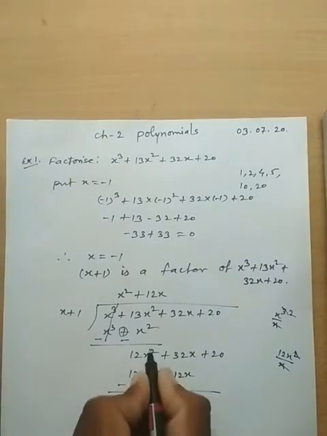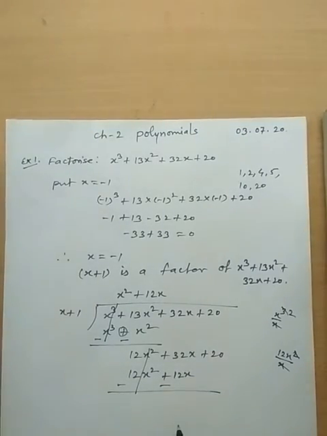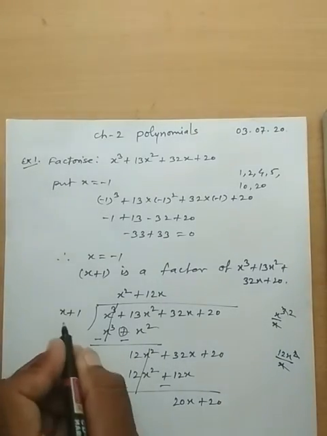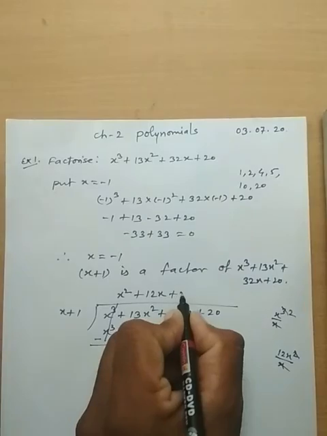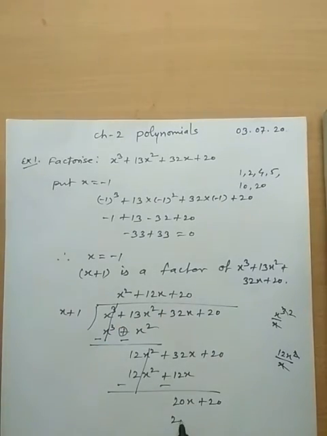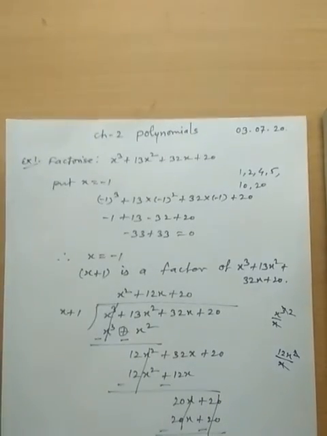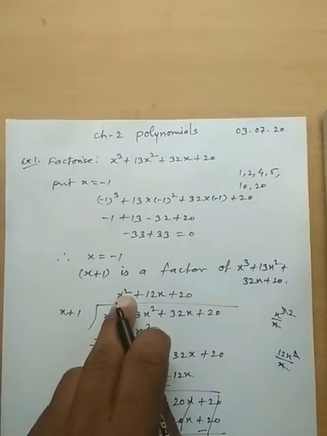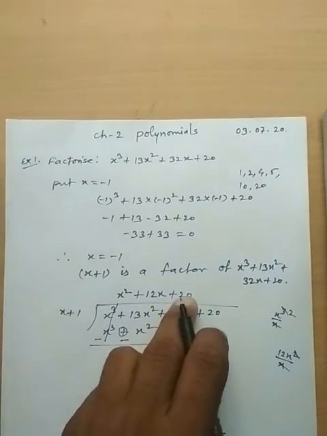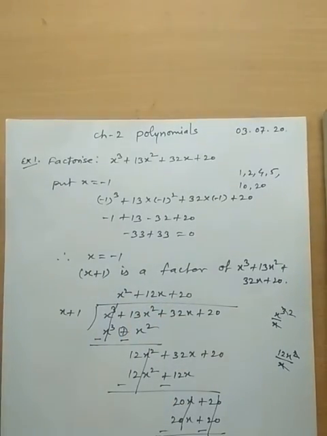Again subtract it, 32 minus 12 is 20x plus 20. Again 20x divided by x gives plus 20. So 20x plus 20, both cancel. So it is exactly divisible, and x square plus 12x plus 20 is the quotient.